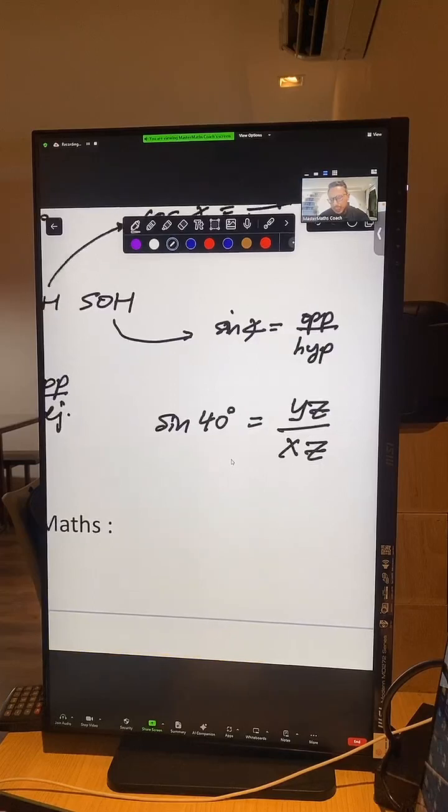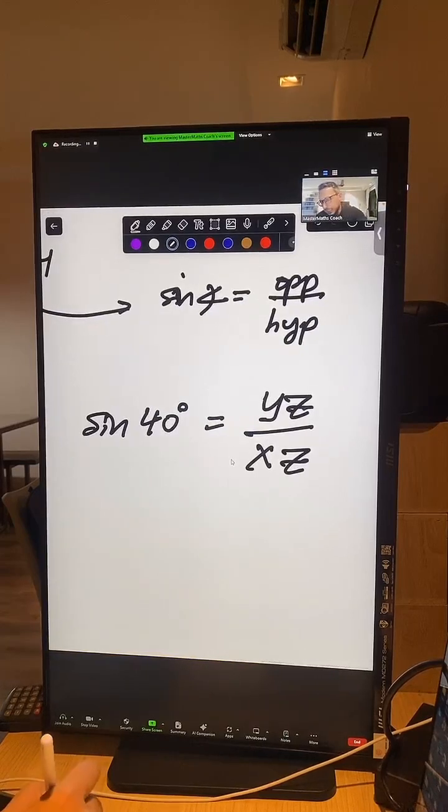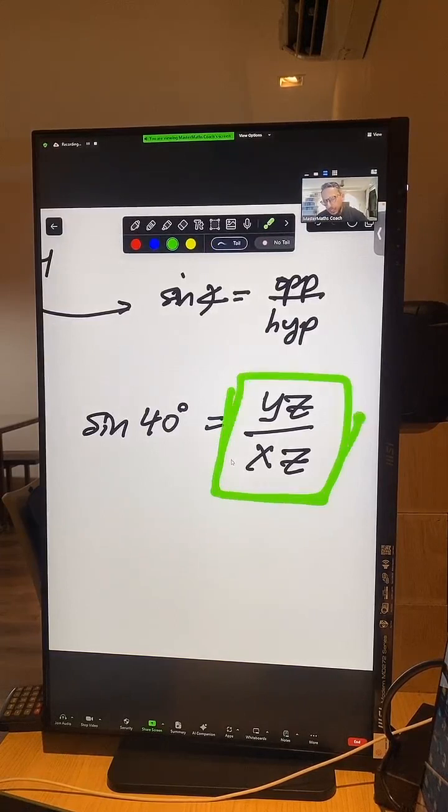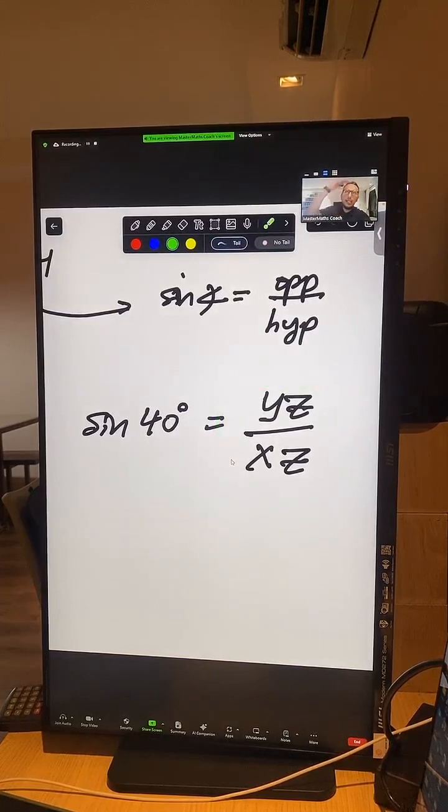So you can see here that this is the ratio we are talking about. The fraction, one length over another length. One side of the triangle over another side of the triangle.